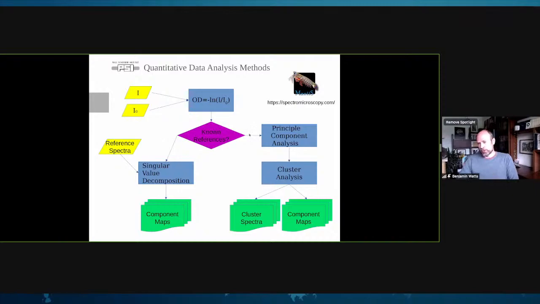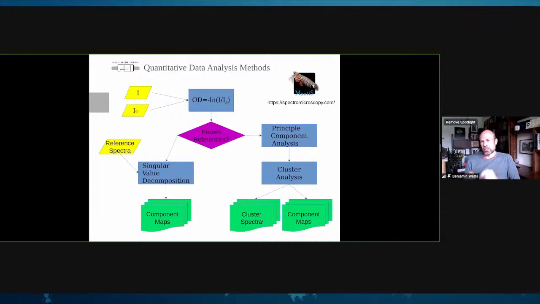If we don't know them, then we can do some other complicated mathematics, which is quite easy to apply if you just follow the program. We have principal component analysis, which breaks down how the spectra vary throughout the measurements, and then cluster analysis to try and group them together into something that's easily digestible by humans. And then from that, we get the same kind of component maps and cluster spectra.